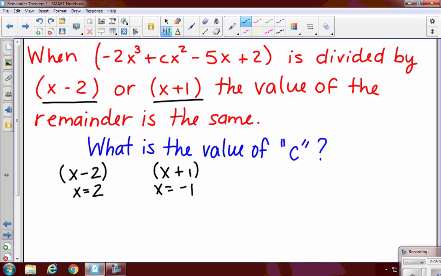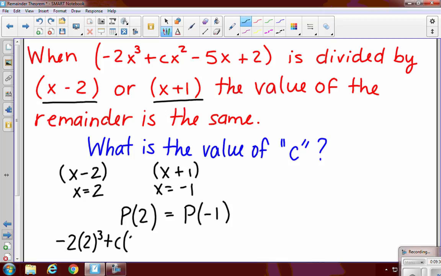So it's saying if I take the polynomial and evaluate it at 2, I get the same thing as if the polynomial is evaluated at negative 1. Both of these would give me the exact same remainder. So these evaluations would be the same. So now I can go in, it's a little bit bigger of a question, and I could substitute in on this side, negative 2 times 2 cubed plus c times 2 squared minus 5 times 2 plus 2.